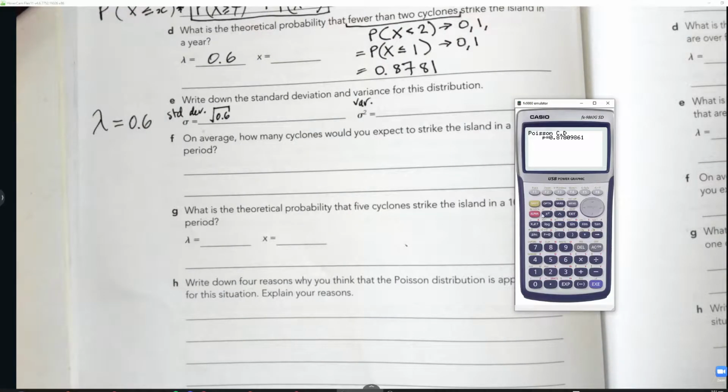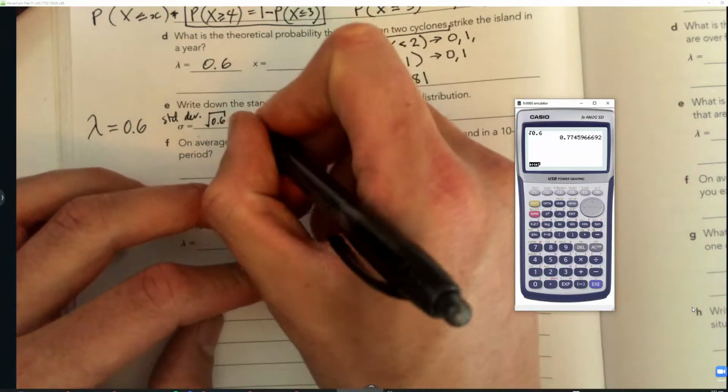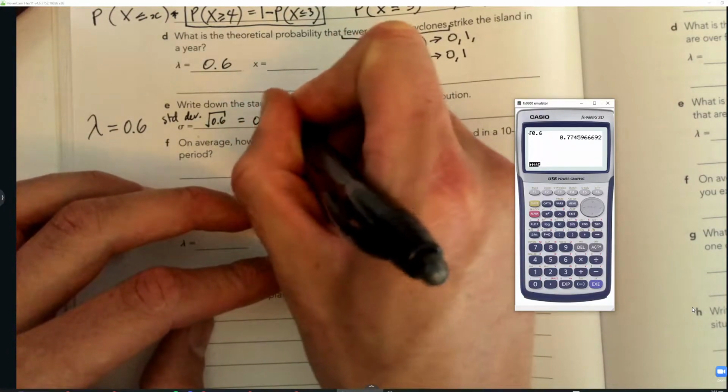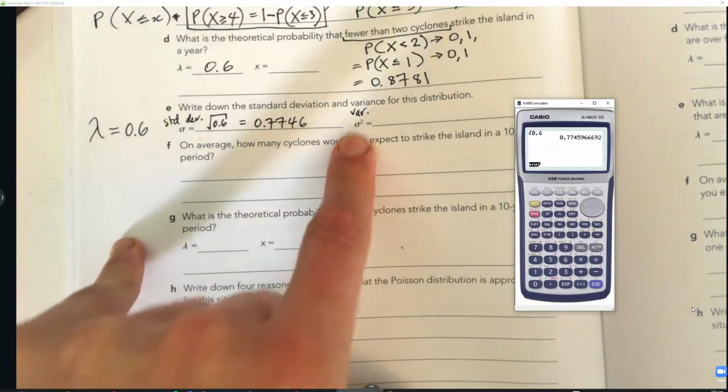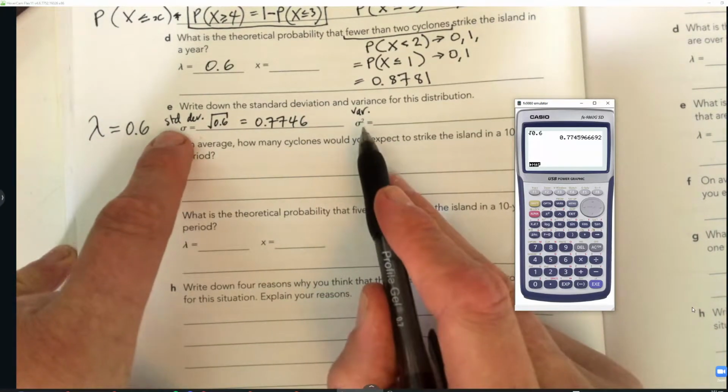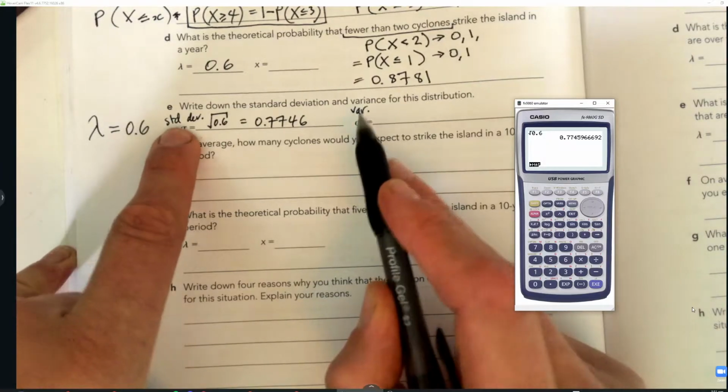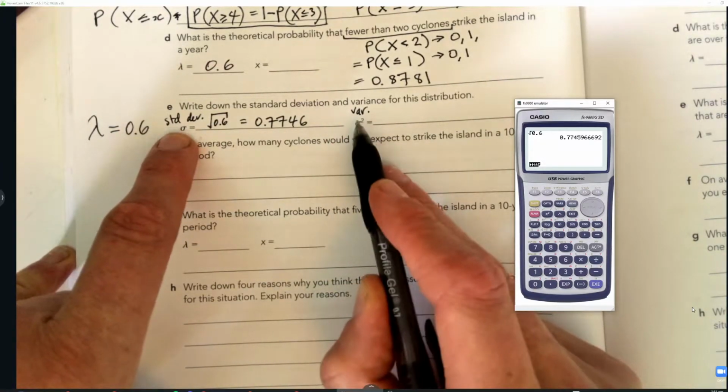So we know that this is going to be square root of 0.6. So let's get our calculator and we'll go shift square root and 0.6. So that there is going to be 0.7746. Now, sigma squared: square is the opposite of square root.